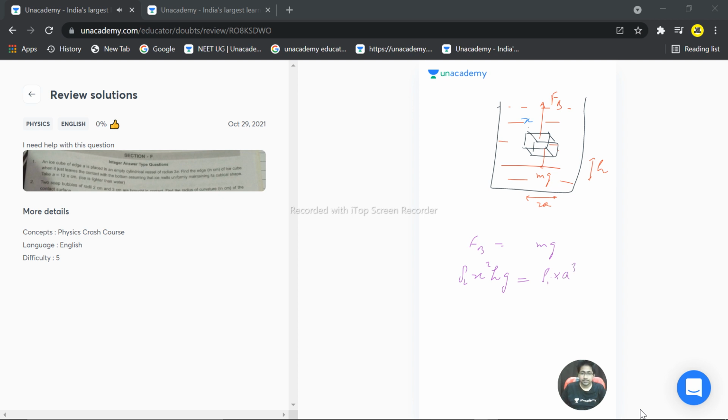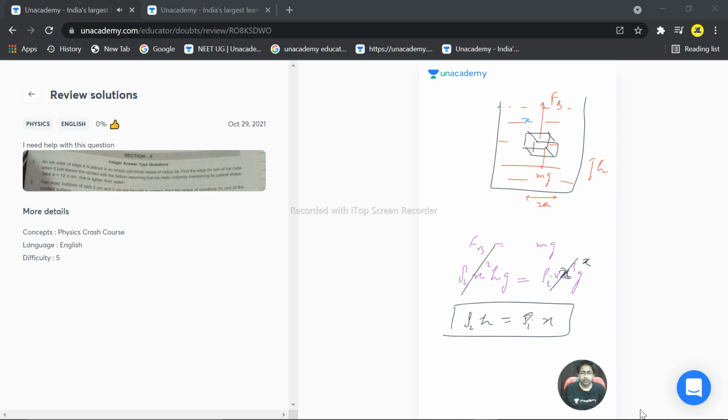Here x square cancels out, and g also cancels out. So we can write rho liquid into h is equal to rho ice into x. That's what we are getting.